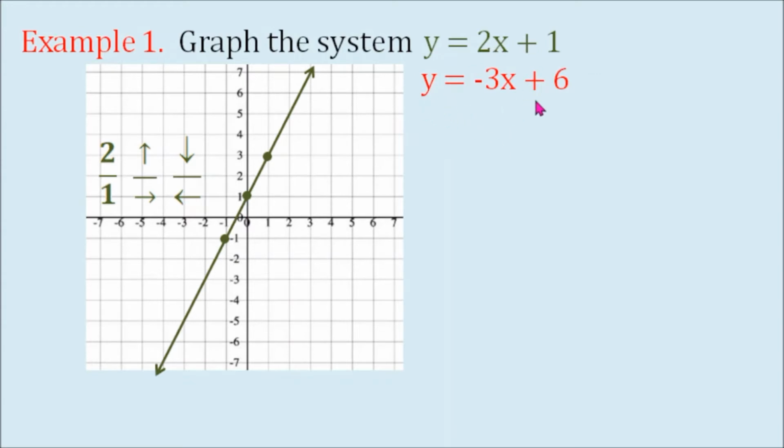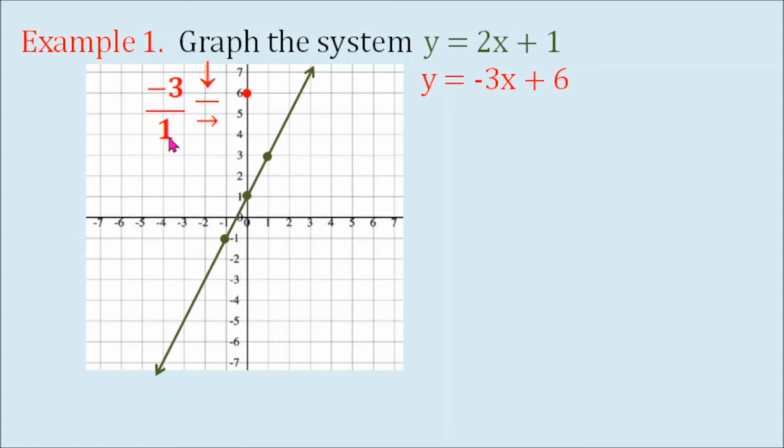Now let's graph the second equation, y equals negative 3x plus 6. So our y-intercept is 6, it's here. Then we are going to use the slope negative 3 to locate another point. So that negative 3 means negative 3 over 1. So this negative 3 is the vertical movement or the rise.